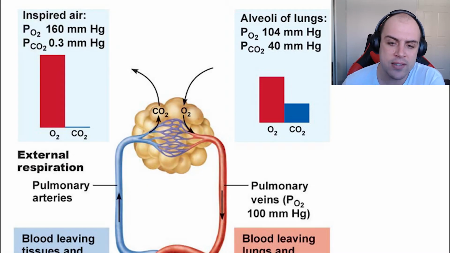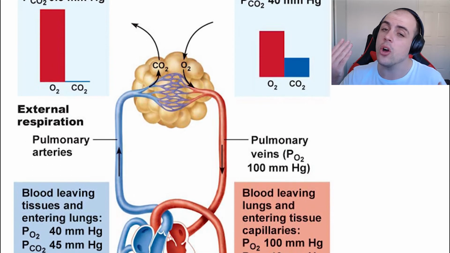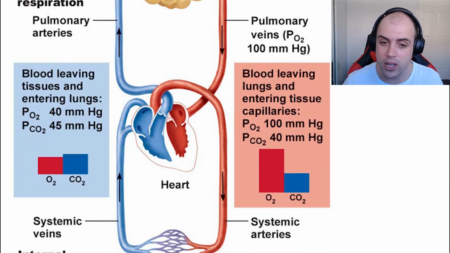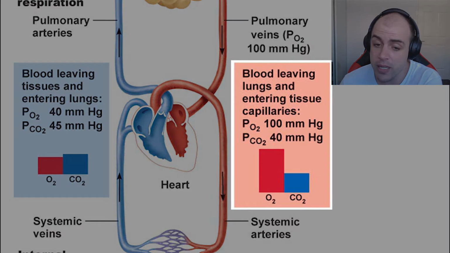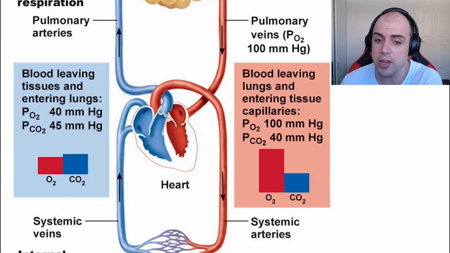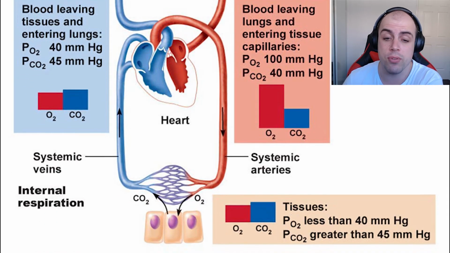Then as the blood moves away from the lungs, having undergone that gas exchange in the alveoli, we can see that our blood now has around 100 millimeters of mercury of oxygen and around 40 of carbon dioxide. So freshly oxygenated blood is going to move through our pulmonary veins, enter our systemic circuit and make its way to the tissues.